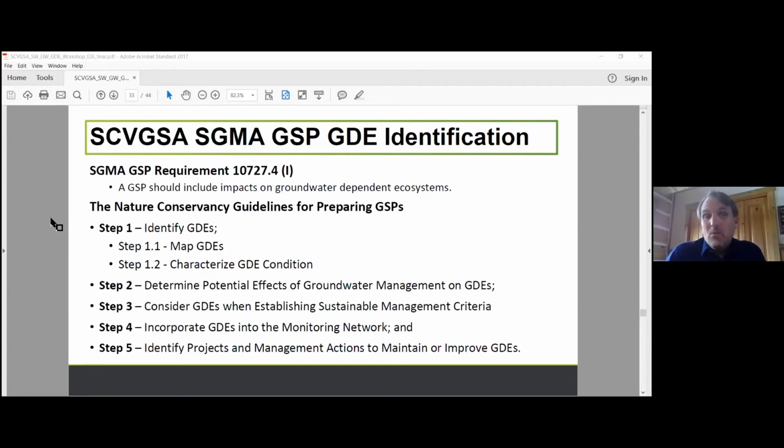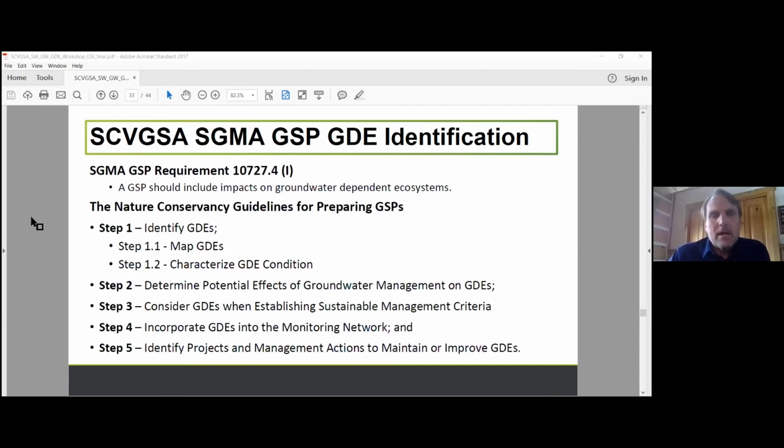So we followed that approach, at least initially. We're really only on step 1.1 that we're reporting on right now. We're in the very beginnings of the process, but we have mapped the potential groundwater dependent ecosystems within the basin. I'll walk you through how we've done that.